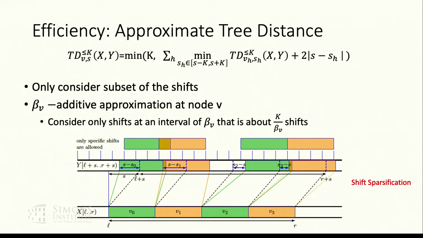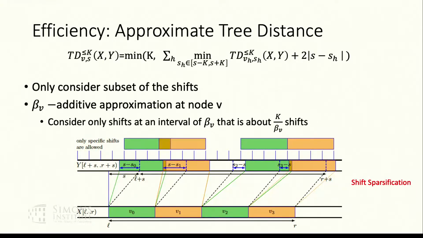What we are going to do: we saw that considering all possible shapes is a problem. If you're considering all k shapes, I have to pay nk at the leaf level. So we are going to consider a subset of the shapes. We will be considering shapes only at an interval of beta v. So we are not going to consider all shapes. How much additive factor does it add?